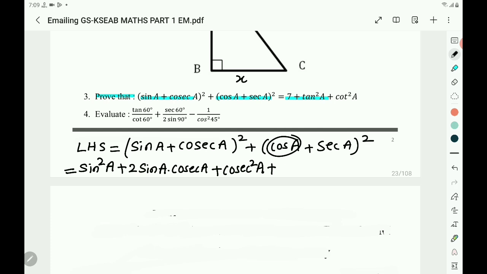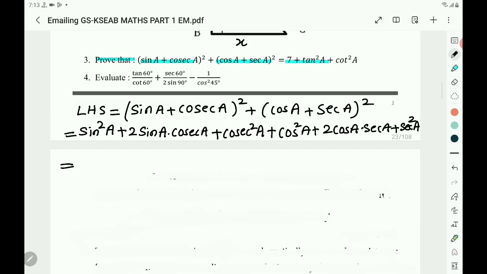A square means cos square A, plus 2 into cos A into sec A, plus B square, which is secant square A.